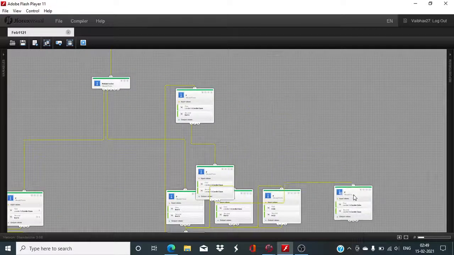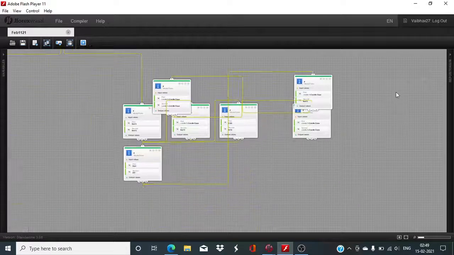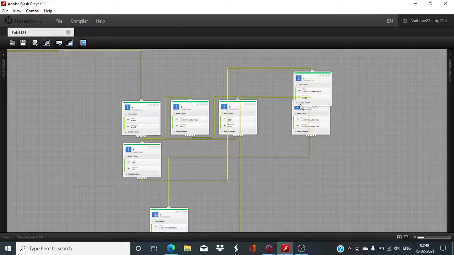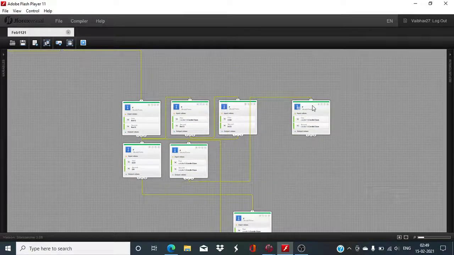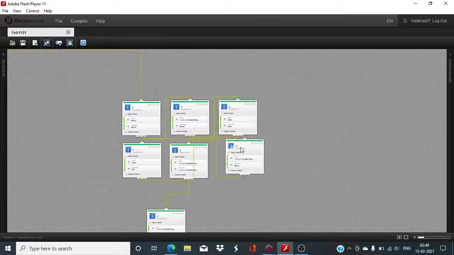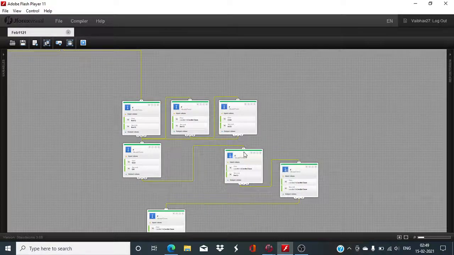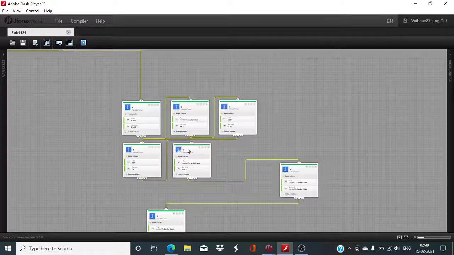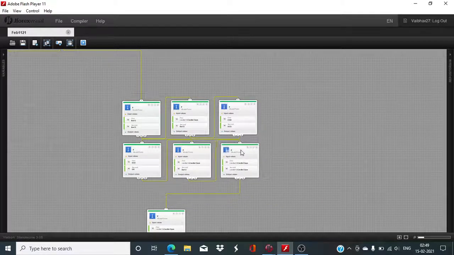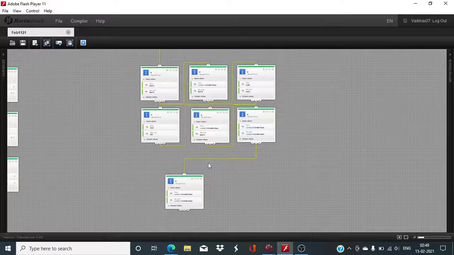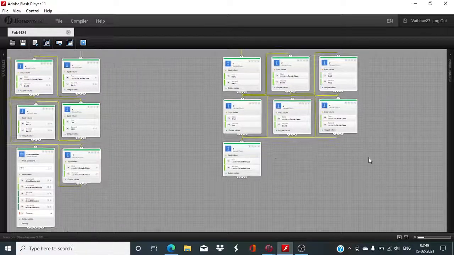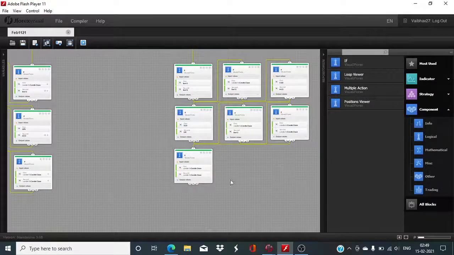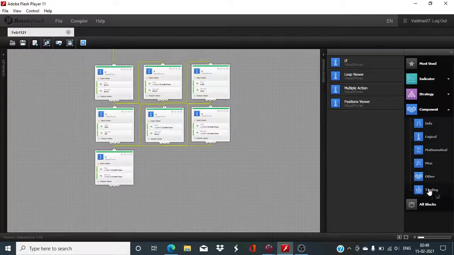And then I will have to take the open at market block, and we are almost done. Okay, now comes the trading block.